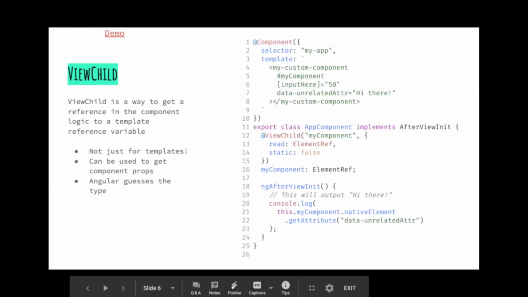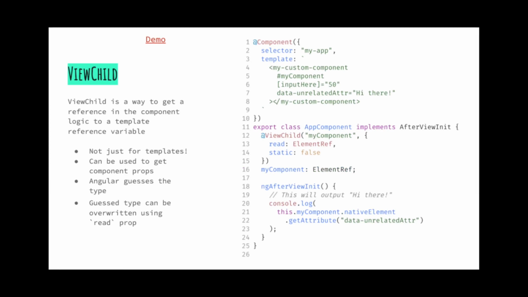We're also able to overwrite the assumed type. So let's say that we want to gain access to the underlying HTML element rather than the class component instance itself. We're able to use this read prop on line 13 to tell Angular explicitly, hey, I want a reference to the underlying element that this HTML component is rendering to, rather than the component instance that this element is associated with.